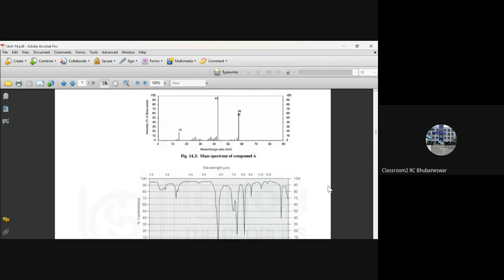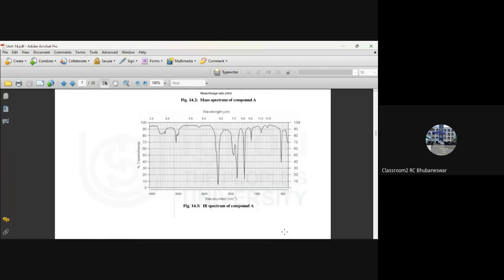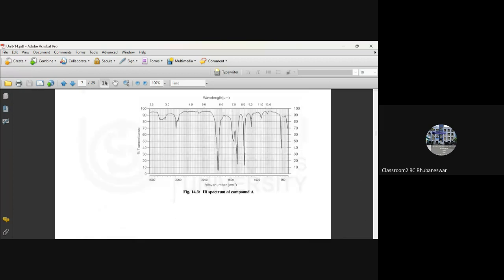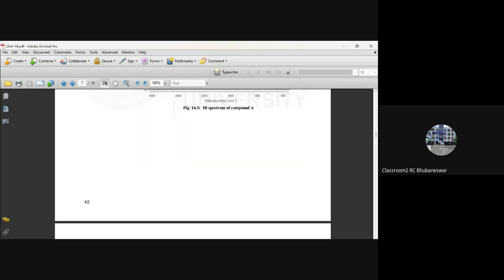And in the mass spectrum, you are getting one signal at 58, another signal at 43, many small signals due to small fragmentations, and one at 15. And in this IR spectrum, around 1500 to 2000 you get a good intense transmittance peak, and also around 1500 to 1000.